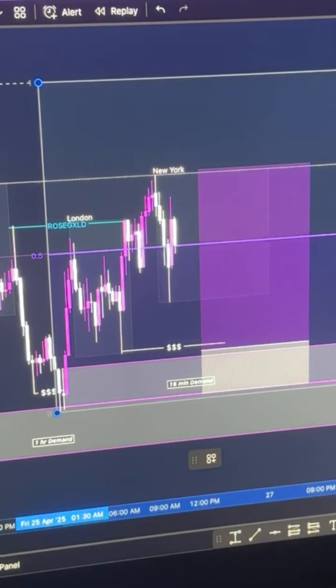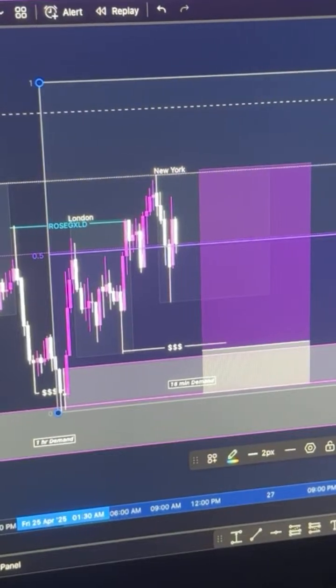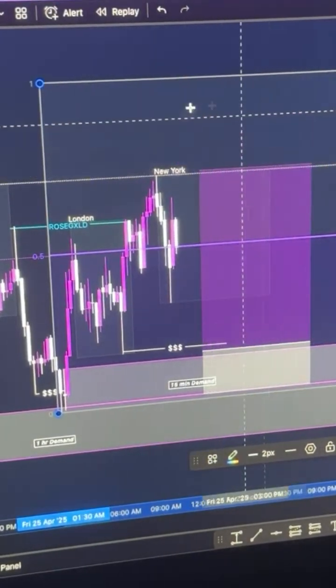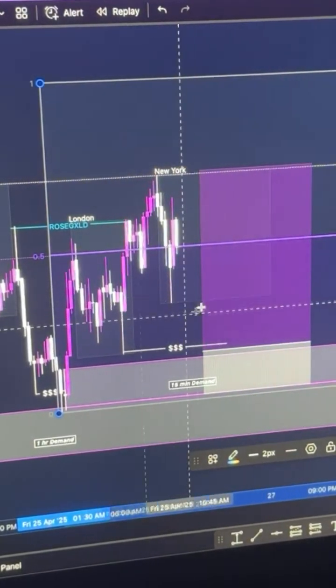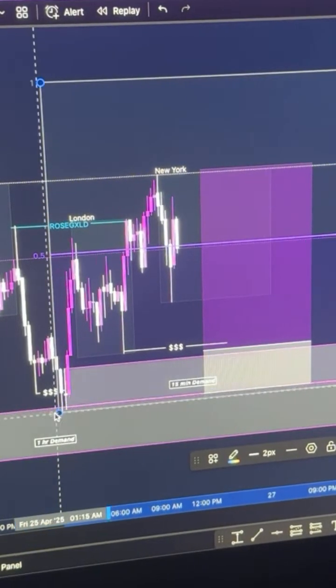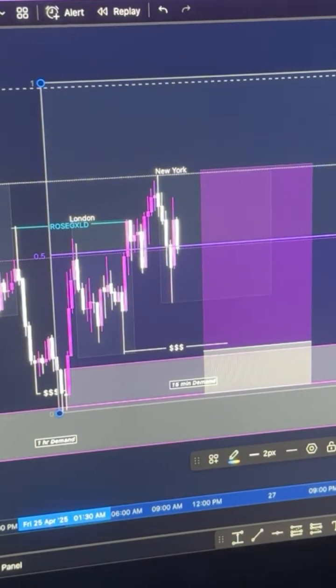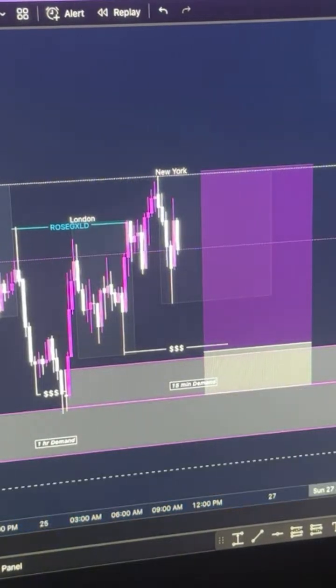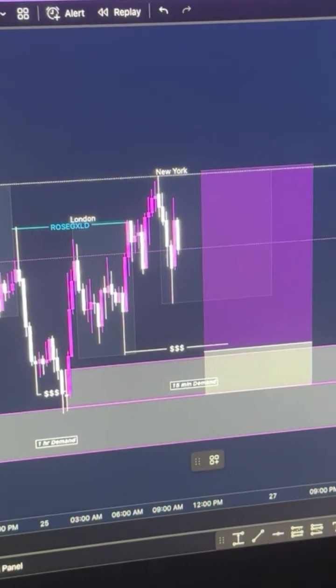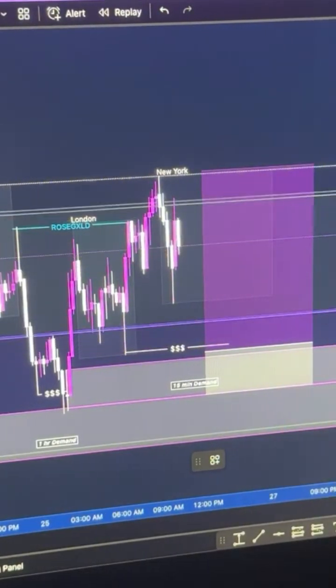That's all they created fib for. Measure pullbacks. So this is a premium area, this is a discounted area. So even if I put it this way, same thing. I run it from over here, just like I drew the fib just now from this low to this high.